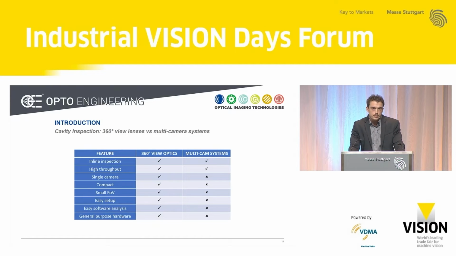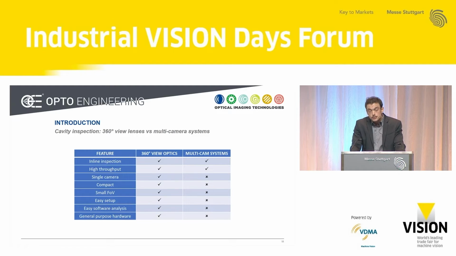The setup of the system is way easier with, of course, a single camera. And also the post-processing, so the software analysis and the image processing subsequent to the acquisition, is way easier if you have to deal with just one image instead of multiple images.